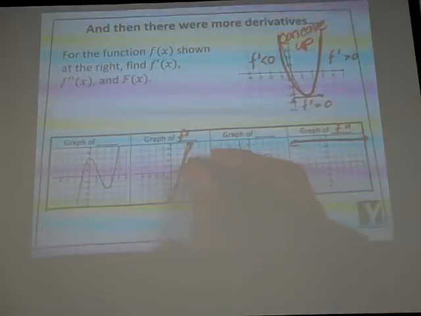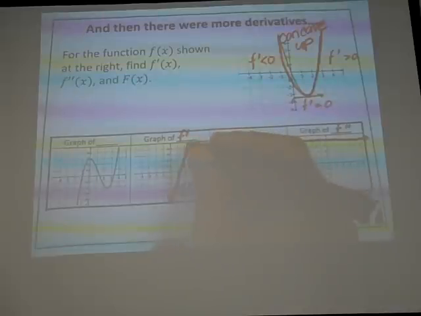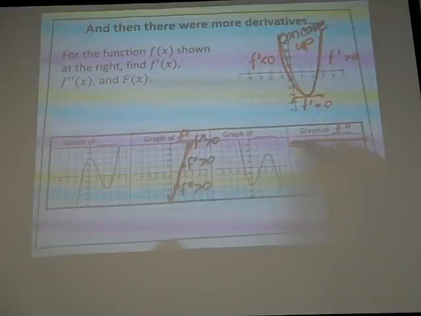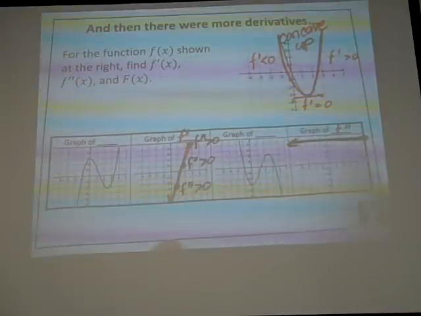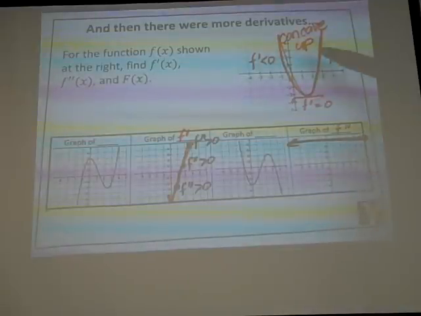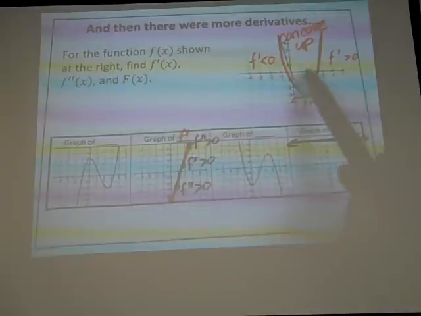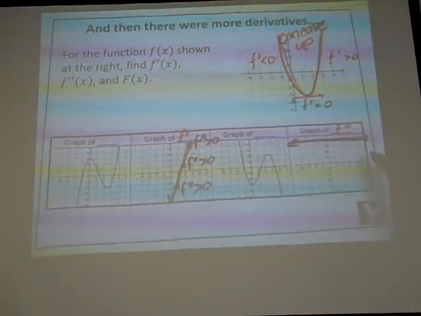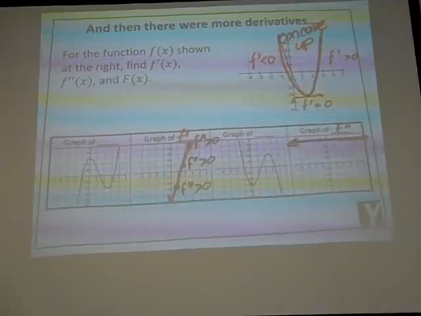Well, if it's a line, then the slope of any tangent line is going to be the same. It'll always be the same positive number for any point along that curve, which is further evidence that this is the graph of f double prime. So make the determination based on concavity, or make the determination based on how the first derivative is behaving. Either way, this is f double prime.